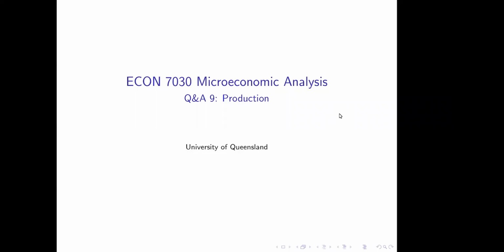Okay, so for this week it is about producer theory. So we start with the production. For producer theory, the way that the producer optimizes, finding the profit maximizing level of output, or finding the cost minimizing amount of labor and capital, would be similar to the consumers maximizing utility or minimizing the expenditure.